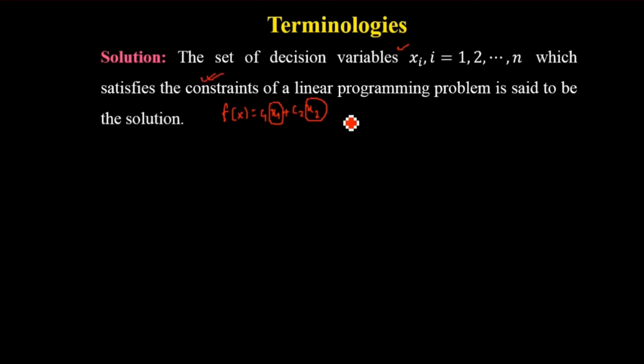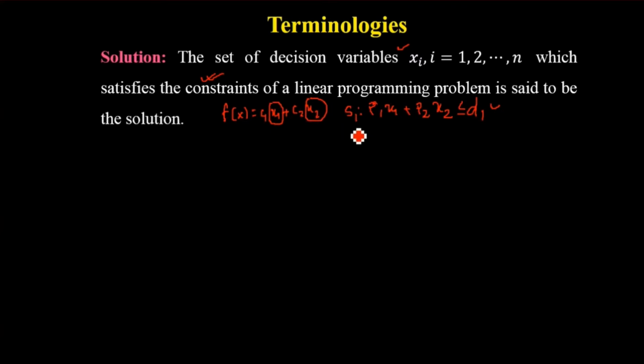It is very important. Like if we have constraint 1 as, let's say, p1 x1 + p2 x2 ≤ d1. That means we have to take the combination of x1 and x2 such that p1 x1 + p2 x2 is less than or equal to the value d1. Then only that combination x1 and x2 will be the solution.